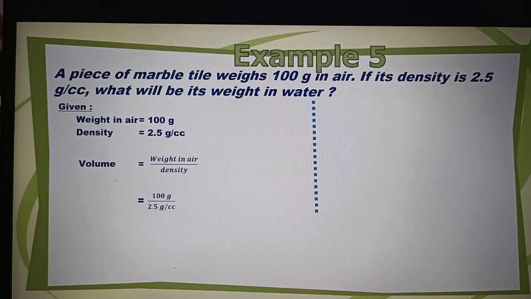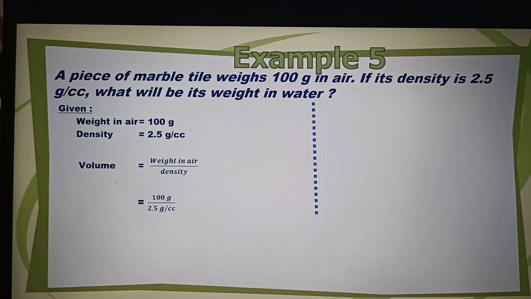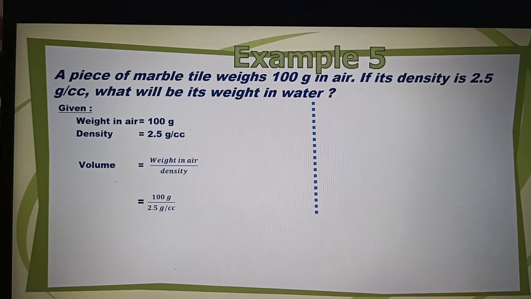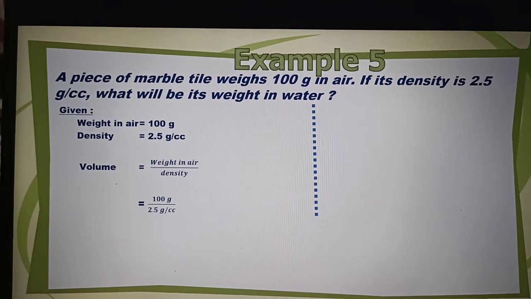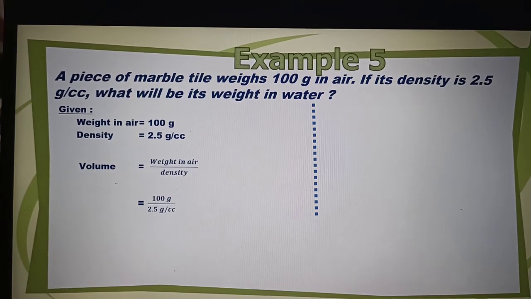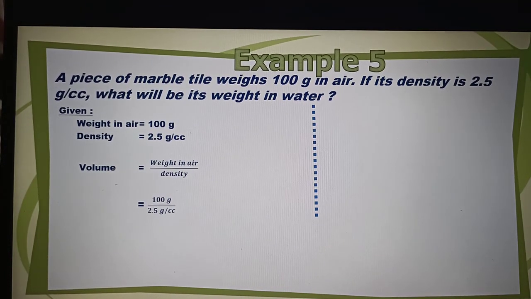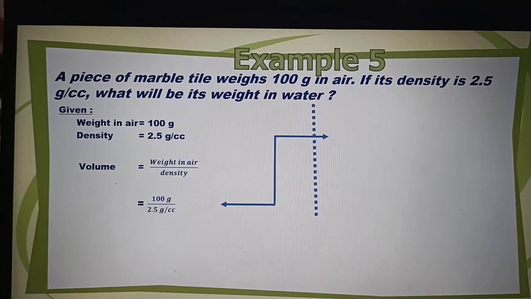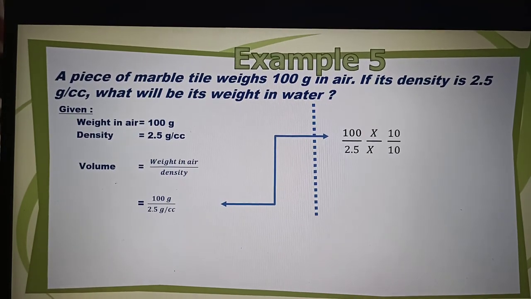So see, look at the denominator. It is a decimal point. So first we have to convert it into a whole number. How to convert? Look at the denominator. After the point, only one number is there. So we have to multiply by 10 on both numerator and denominator.